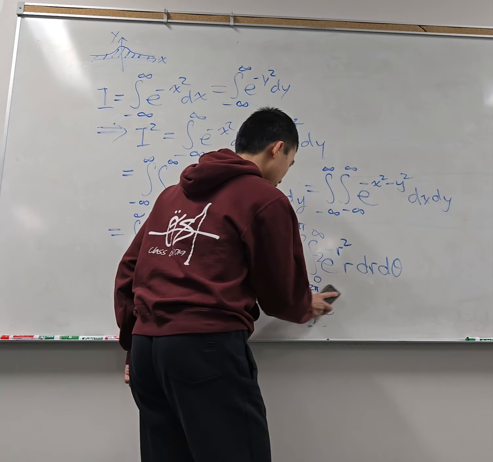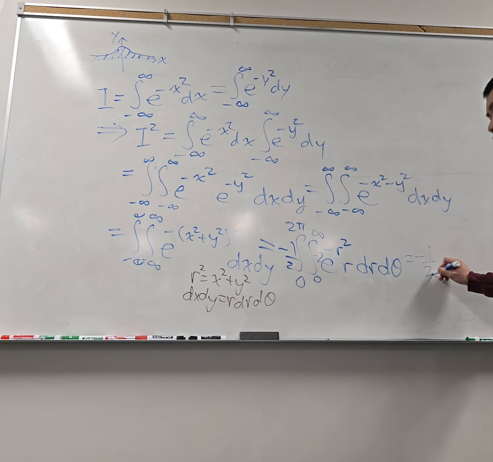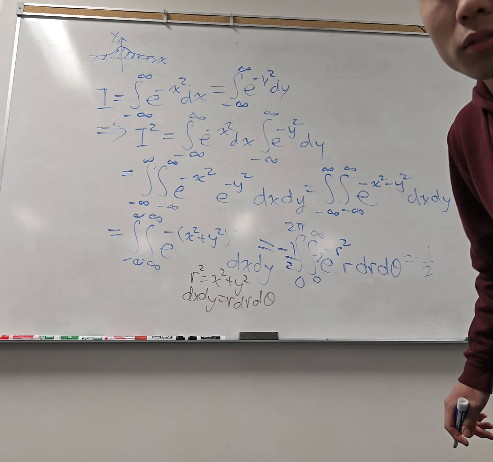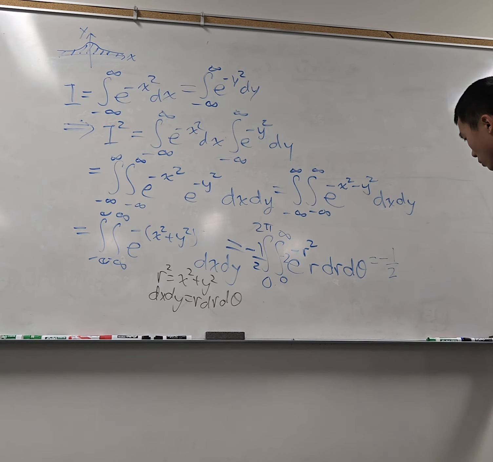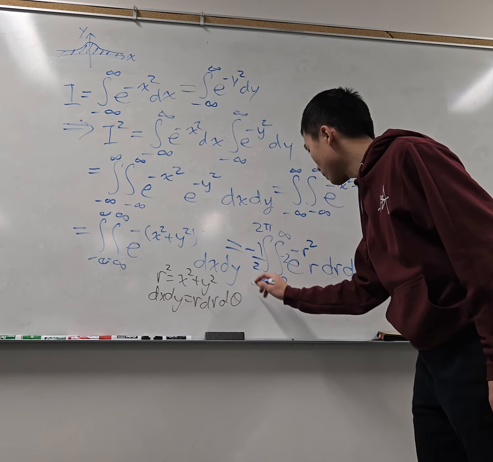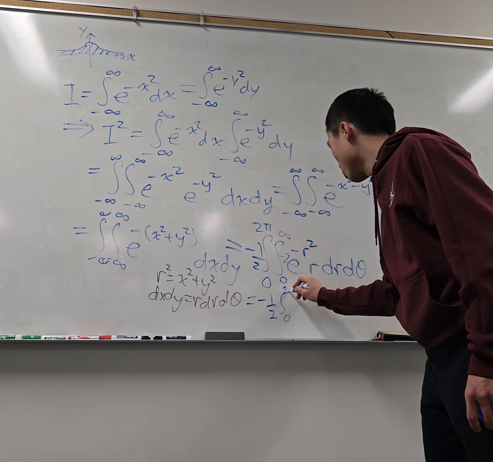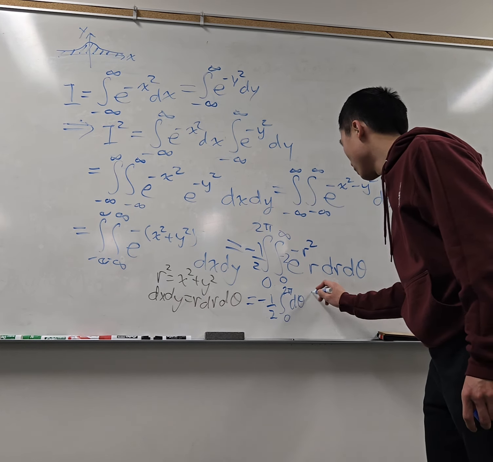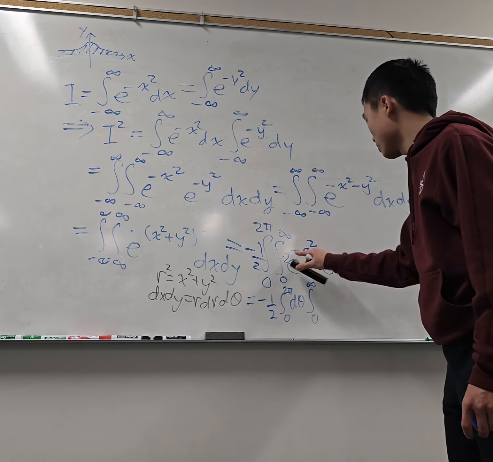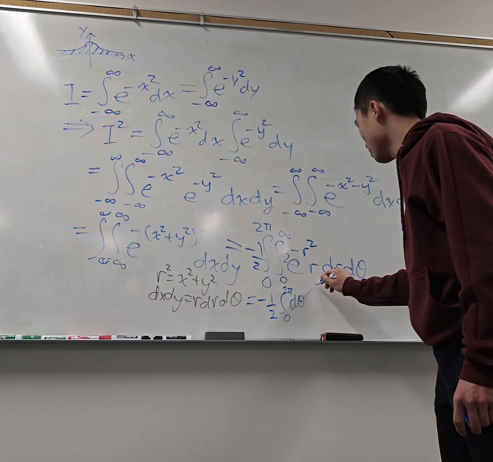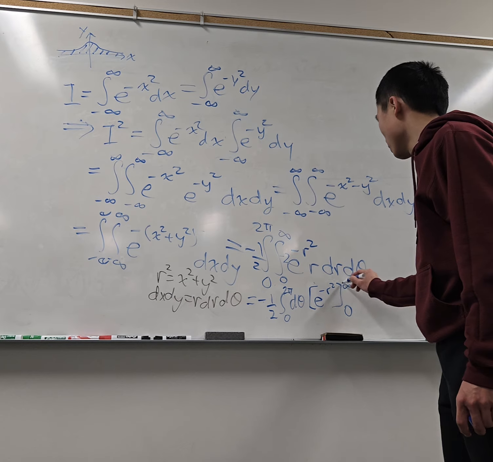So let me rewrite this as negative 1/2, integral from 0 to 2 pi of just d theta, and then integral from 0 to infinity of, well, if I just integrate this part, it's just e to the negative r squared, and I'm integrating from 0 to infinity, okay?